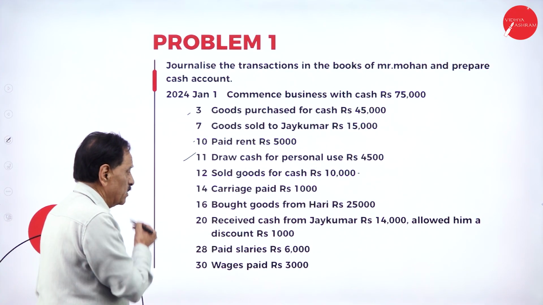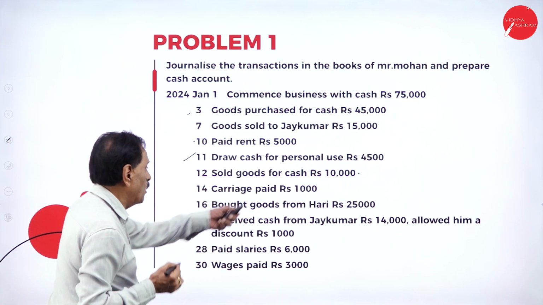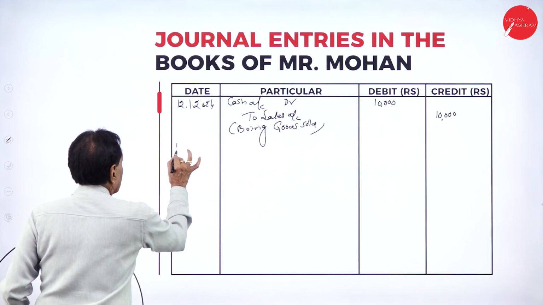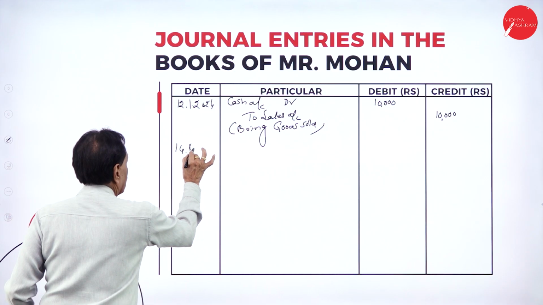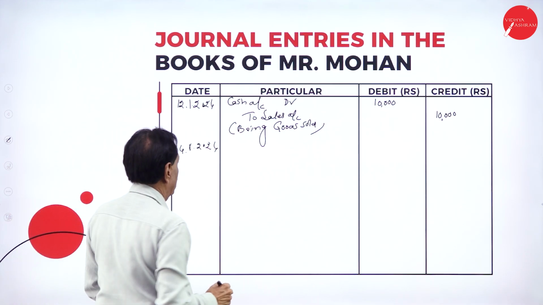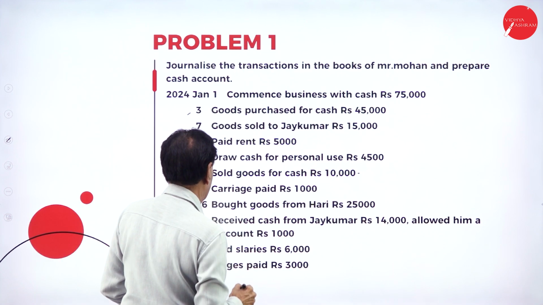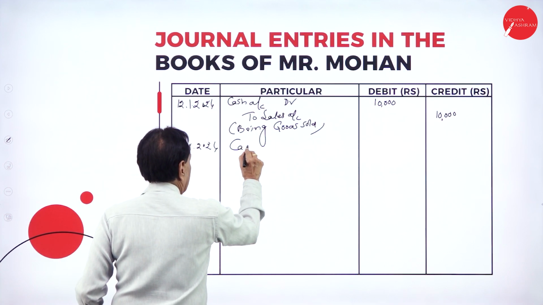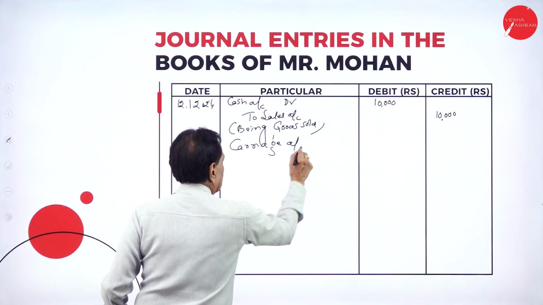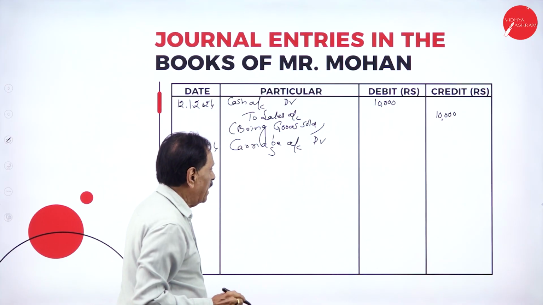Carriage paid. We paid for cartage. How much? 1,000. That is on 14/1. This is carriage paid. Carriage account debtor. How much did you pay?